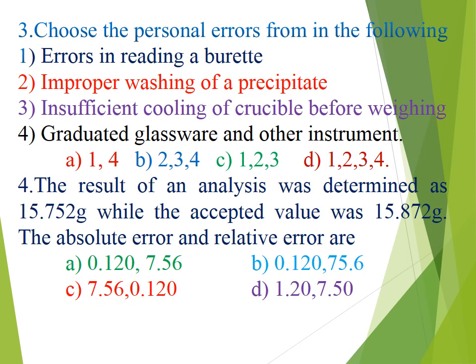The result of an analysis was determined as 15.752 gram, while the accepted value was 15.872 gram. The absolute error and the relative error are? The correct answer is option A, and the explanation is given in the next slide.